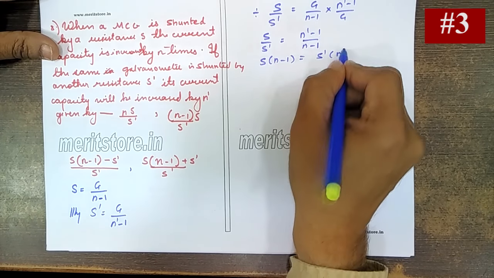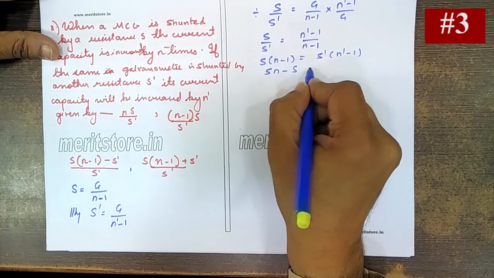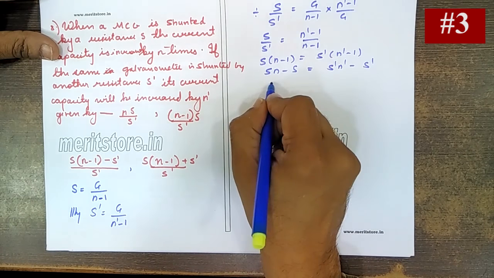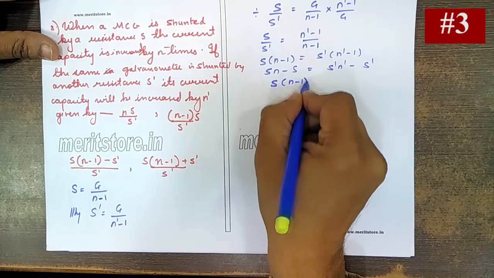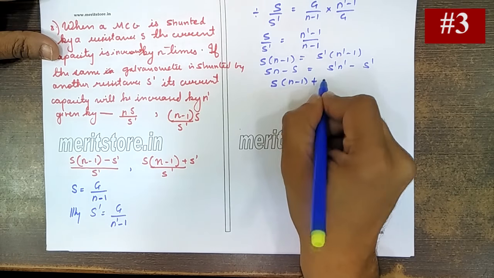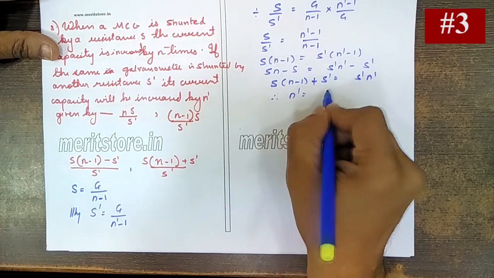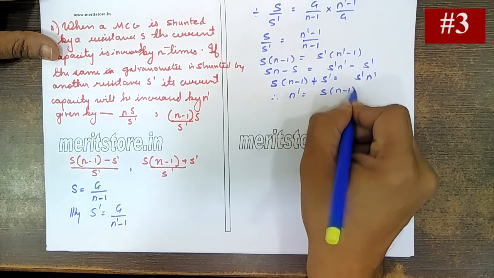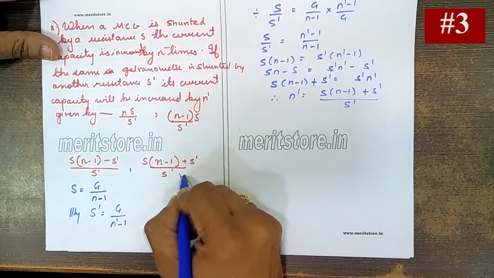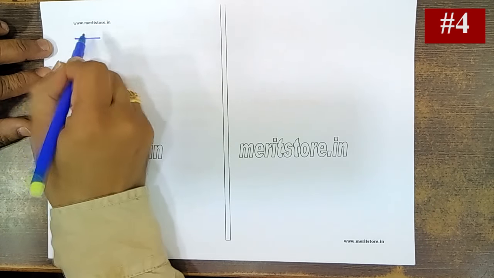So Sn minus S is equal to S dash n dash minus S dash. So S(n minus 1), which is common here, plus S dash is equal to S dash n dash. Therefore, n dash will be equal to [S(n minus 1) plus S dash] upon S dash. So our answer is this. Here there is a common question which is asked in many exams.